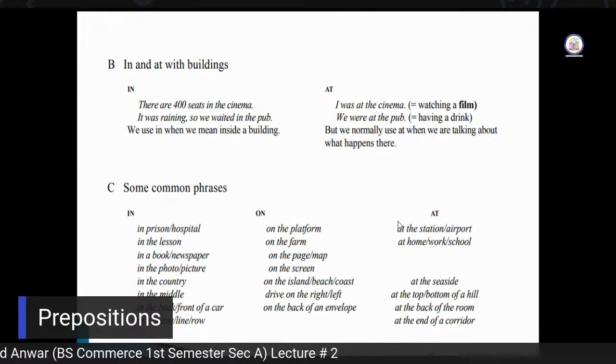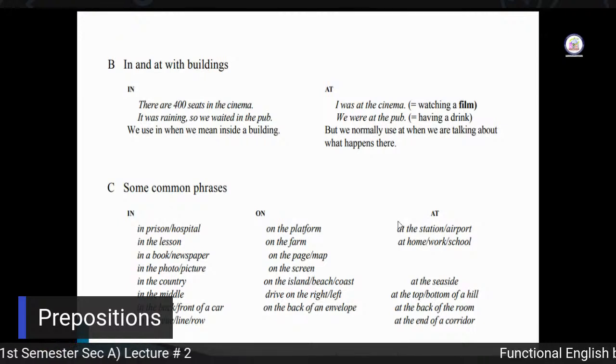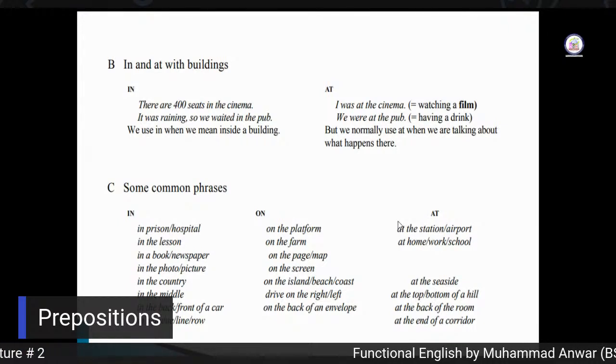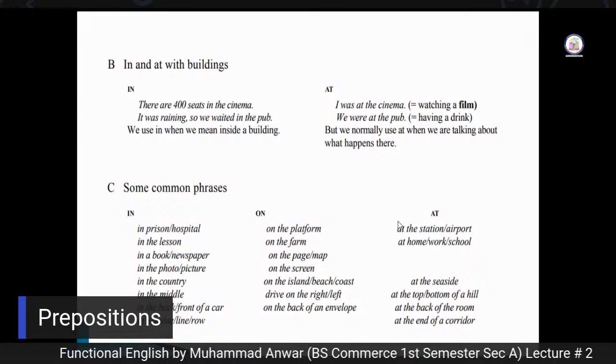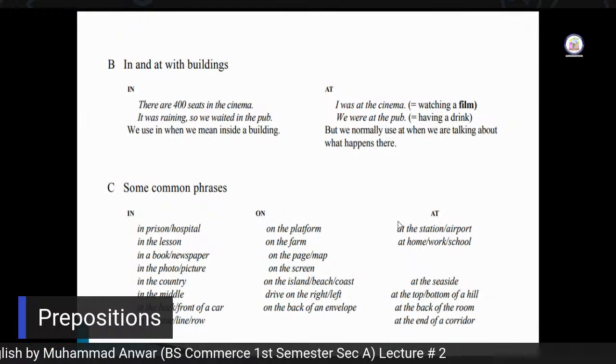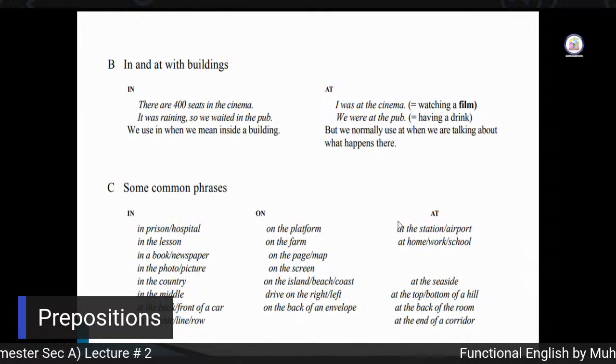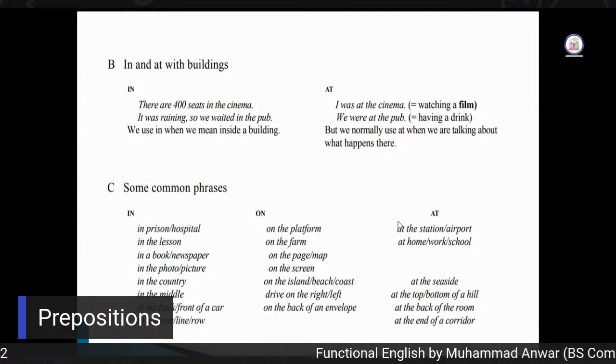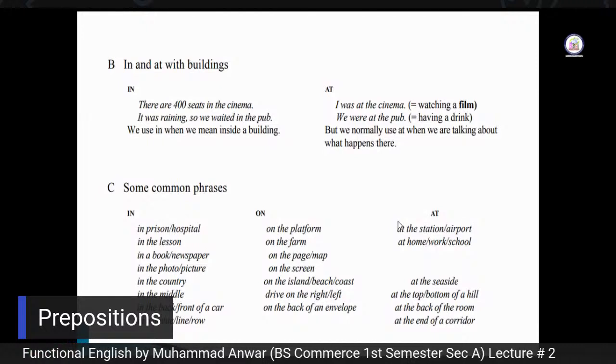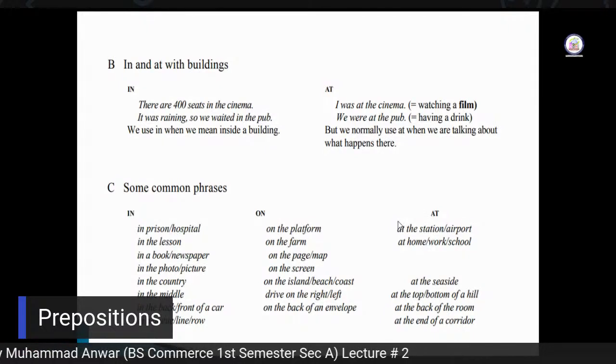जी सूरत हाल स्कूल के साथ भी, if I say I study at school, I study at college, I work at college or university, so I will use here at, not in. But if I say, where are you right now? I am in the university, or I am in the college, or I am in the school. Here I am talking about my presence inside the boundary. Where do you work? I work at ABC College.